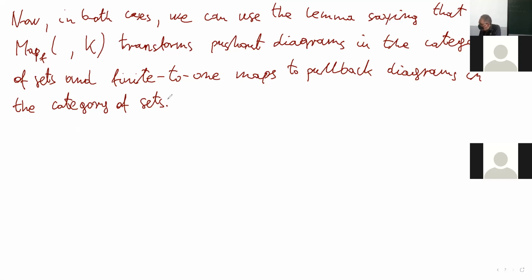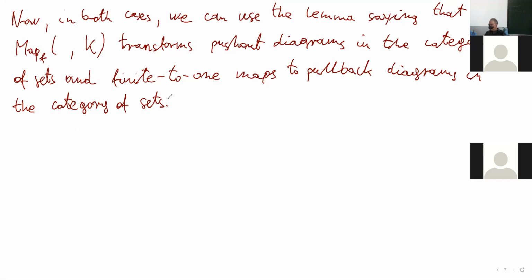And then we have this lemma, which says these push-out diagrams are transformed into pullback diagrams. The only thing I assume about K is that it is non-empty and has a distinguished element 0, which allows me to define this functor of finitely supported maps, okay? Whether it's a field or a set, it doesn't matter.